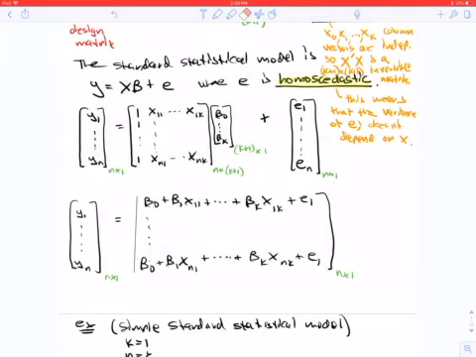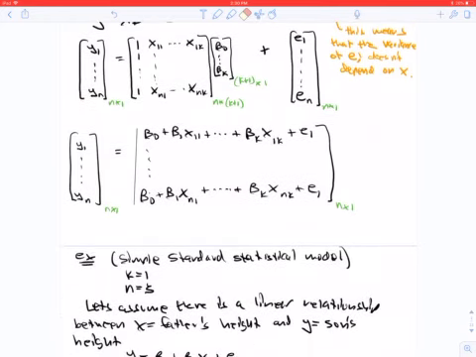So our standard statistical model is Y is X beta plus E. E is homoscedastic, meaning that the errors have no dependence on X. There's just a constant error. And writing out what all these matrices are, we get basically n equations, right?